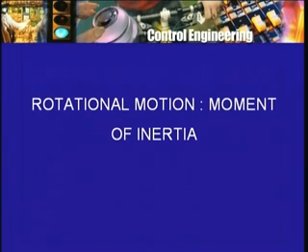If there is no gear train, the load is directly driven, then we can combine the moments of inertia of the armature, that is the motor, rotating part of the motor, and the load itself under a single moment of inertia.